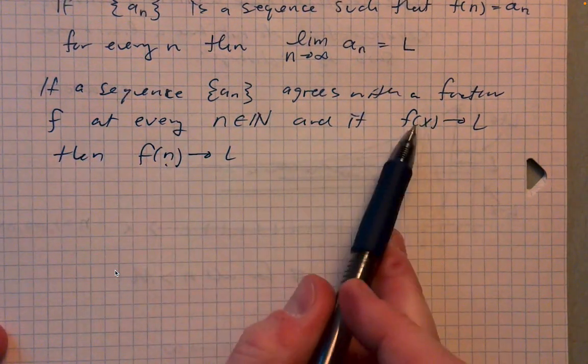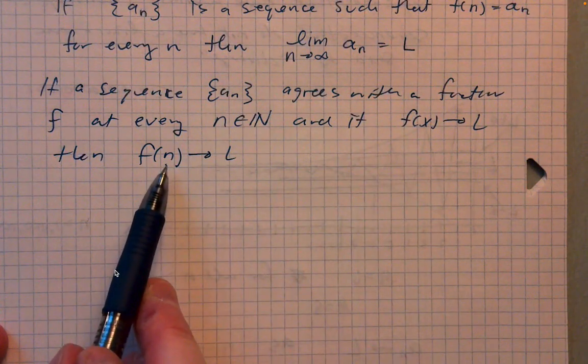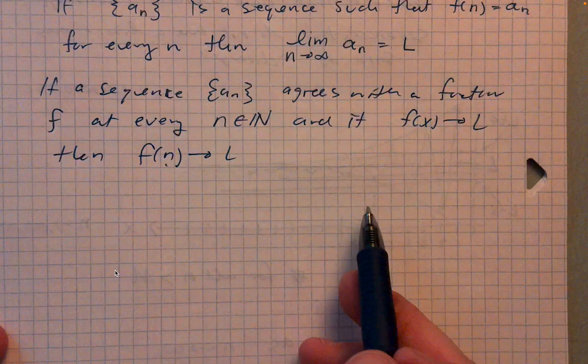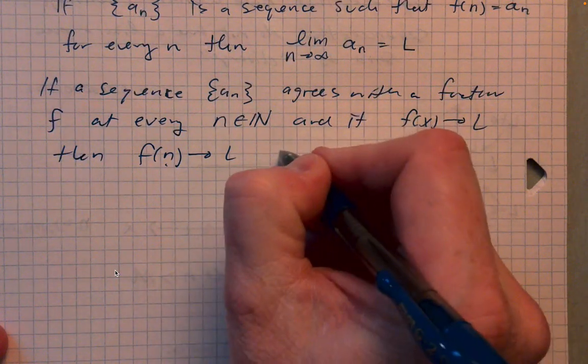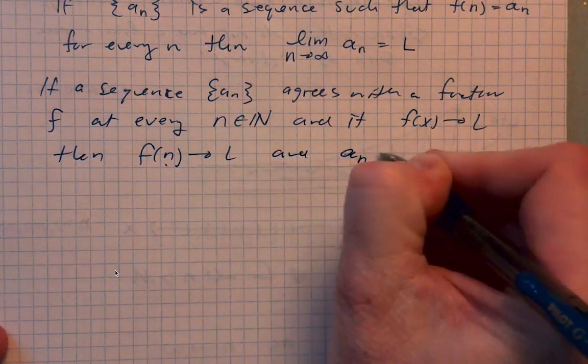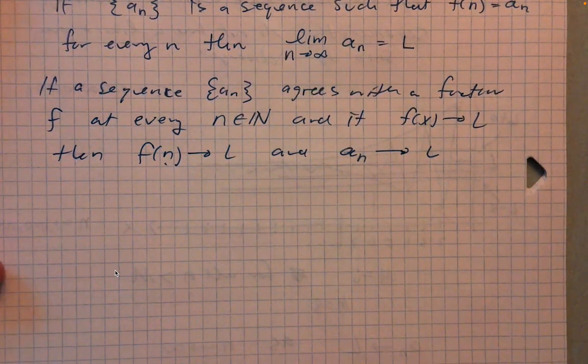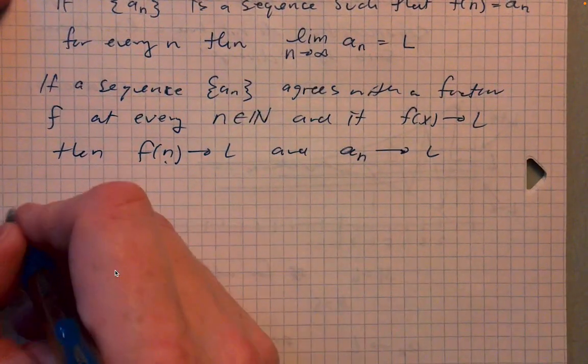If I restrict the domain of f to just the natural numbers, it's going to also approach that same limit. And that means the sequence is going to approach that same limit. If f of n is equal to a of n for all n, then a of n is going to have the same limit as f of n. Perfect. So let's do an example here.